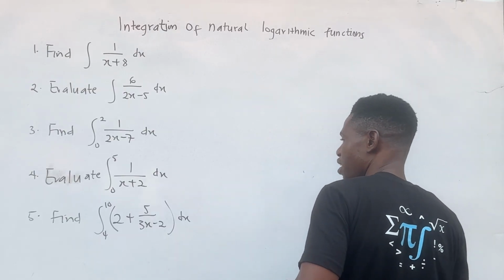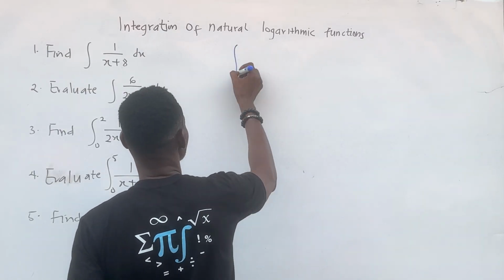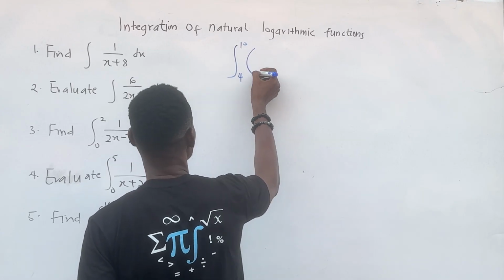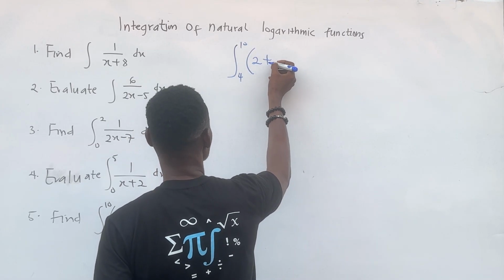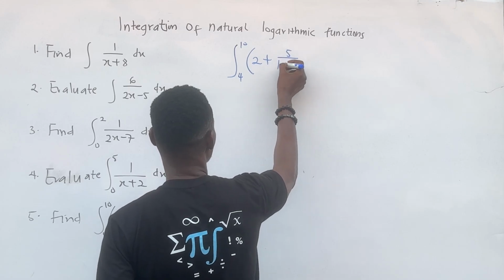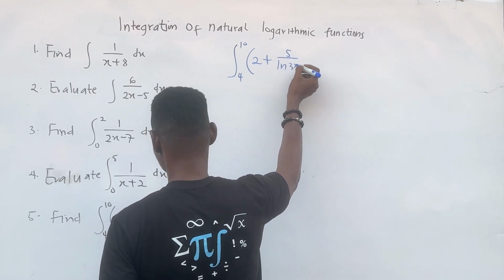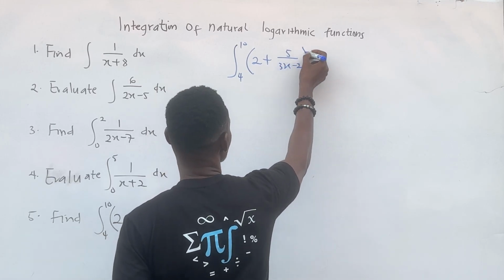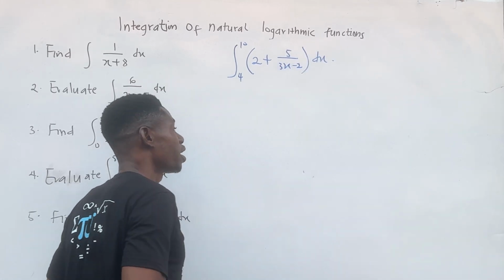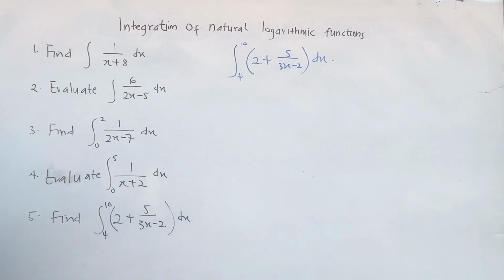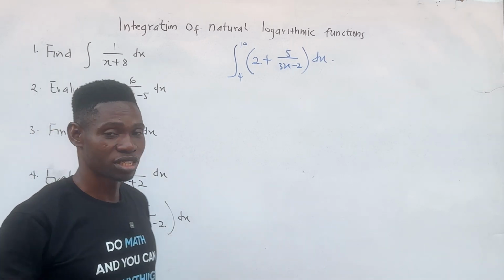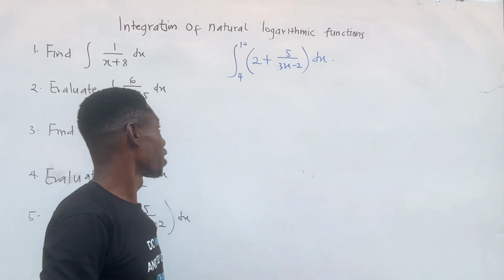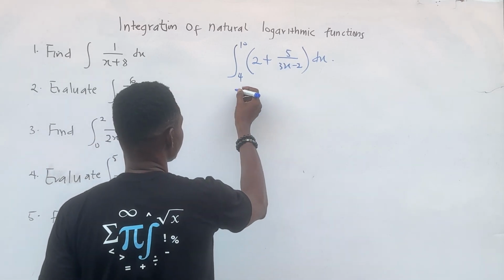So number 5 says integrate or find from 10 to 4, we have 2 plus 5 over 3x minus 2 with respect to x. Okay, so what I'll do first, I'll first of all rearrange to what's familiar, and then we solve.